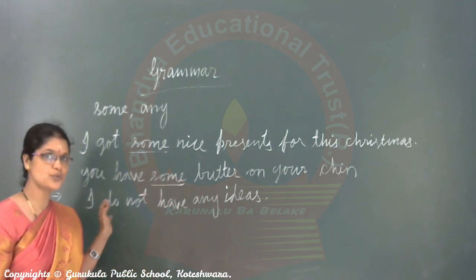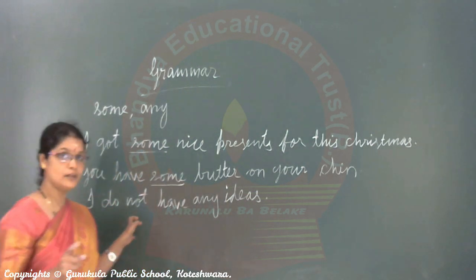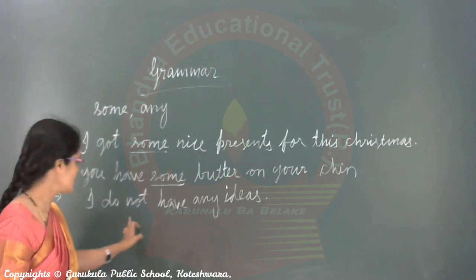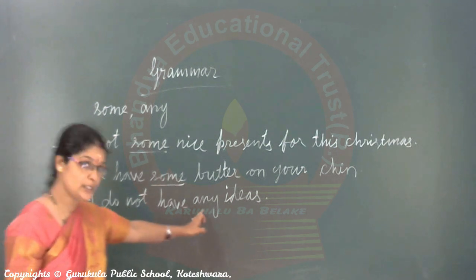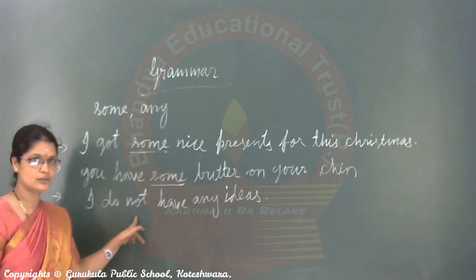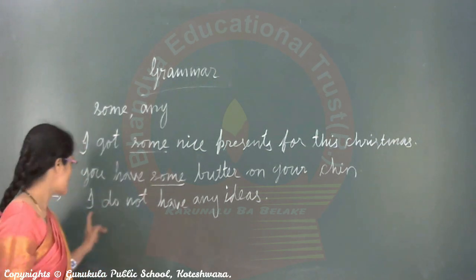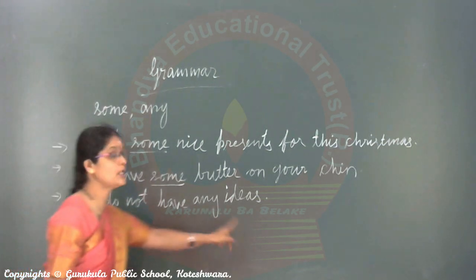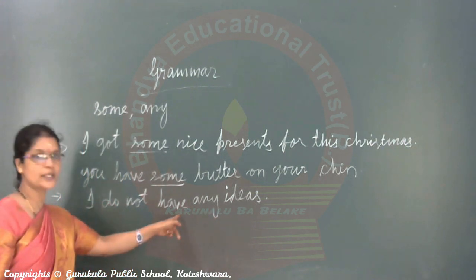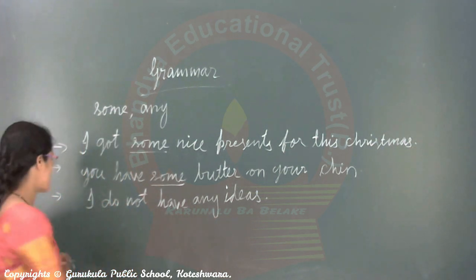See, we use any in negative statements and questions. Am I right? Here I have used any in a negative statement. See here, not. This sentence is a negative sentence. I do not have any ideas. I have used any here in a negative sentence. Next example.